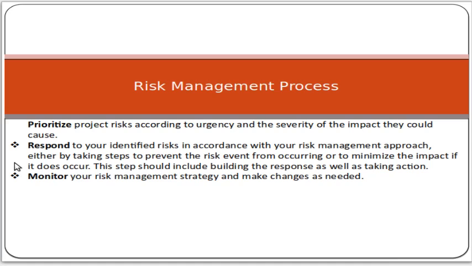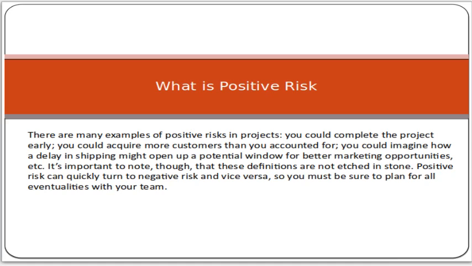Then monitor it. Whatever strategy you have decided, you should monitor it as well, to see what's going on and how things are moving at each stage of the project. For example, after every week or two weeks, you should analyze and monitor how things are moving as per your strategy for managing those risks.